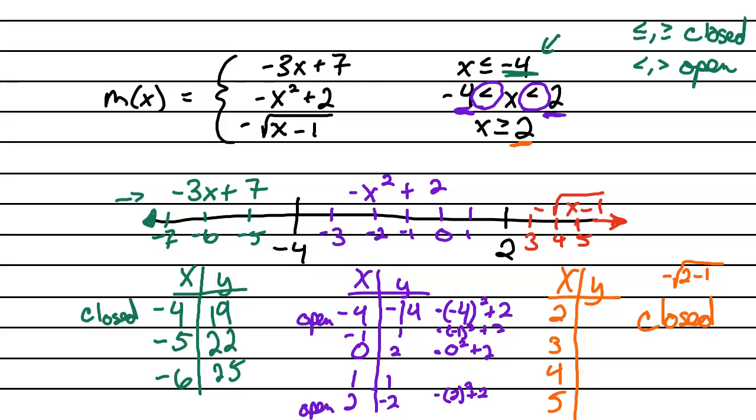Square root of 1 is 1, and so that's going to be a -1. 3 minus 1 is 2, so I get a negative square root of 2. 4 minus 1 is 3, so I get negative square root of 3. 5 minus 1 is 4, so I actually get a -2 here.